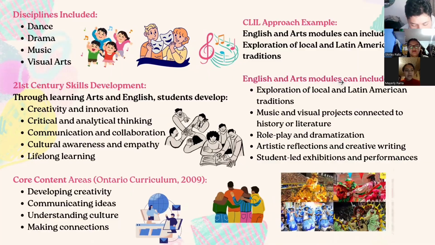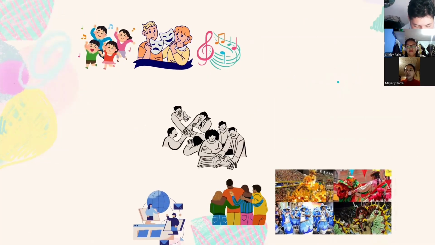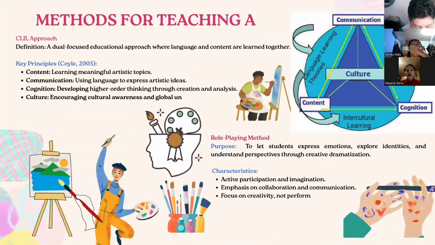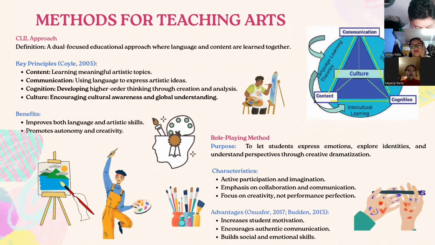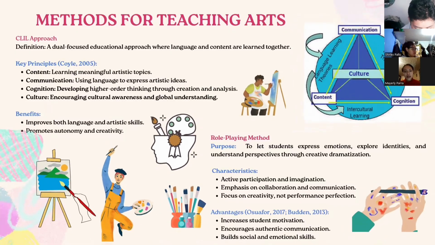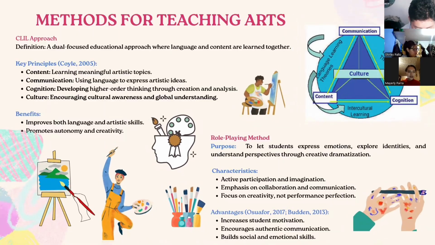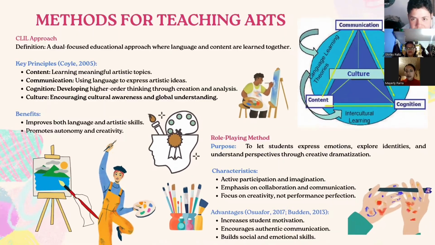Now, the CLIL approach is a dual focused educational approach where language and content are learned together. The key principles are content, communication, cognition, and culture. In content, we learn meaningful artistic topics.